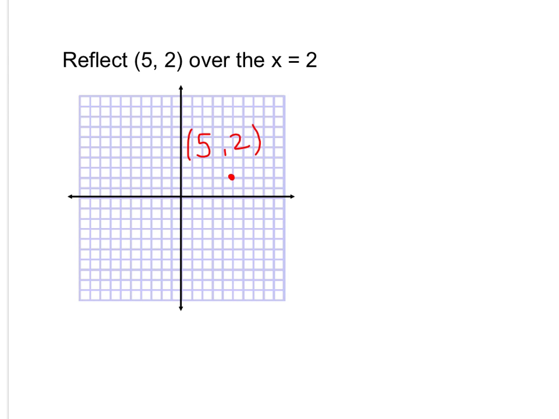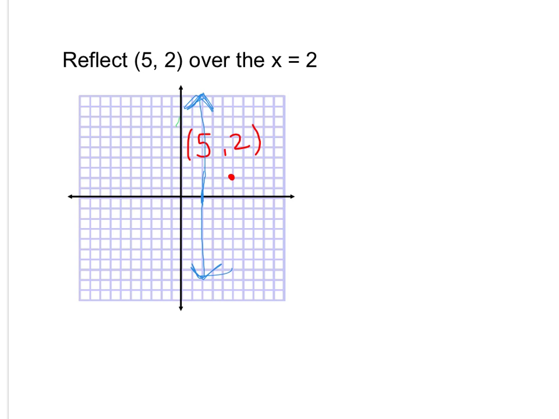So for example, reflect 5, 2 over the line x equals 2. First we need to think about where the line x equals 2 is. The line x equals 2 goes through where x is 2, which is right here, so I'm going to draw a vertical line through that. Again, if you don't feel like you need to on your worksheet, you don't have to, but it's going to help a lot when you're doing these reflections, so I highly suggest it. Now we count how many points it is from the line we just drew.